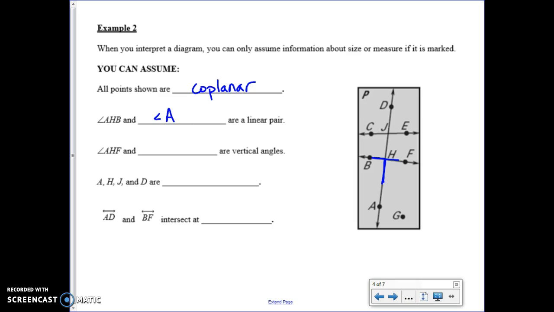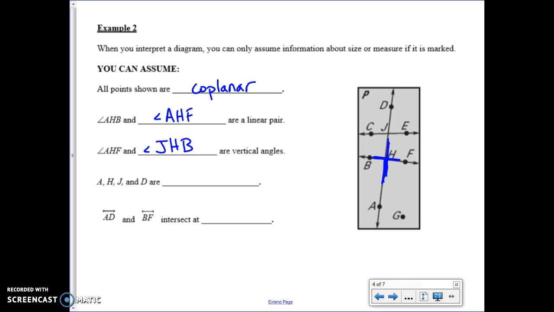Angle AHF. There's other ones that could be a linear pair. You could have said BHJ or BHD could be a linear pair with AHB. We can assume that AHF, so this angle right here, and JHB are vertical angles. They're touching at the vertex.